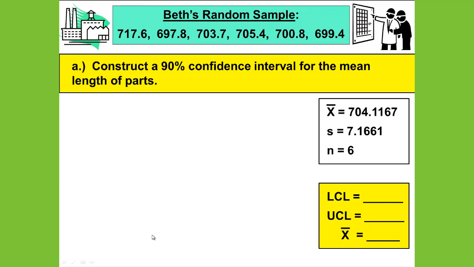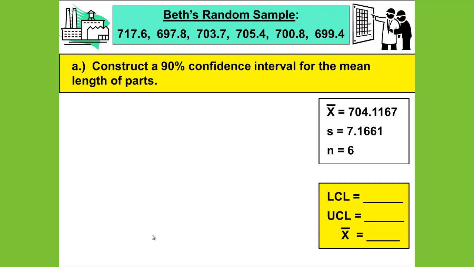Because we are normally distributed, we're good there. And the second thing we want to look at is that we do not have the population standard deviation. Yes, we know the population standard deviation of 10, but that's as a setup to the problem.